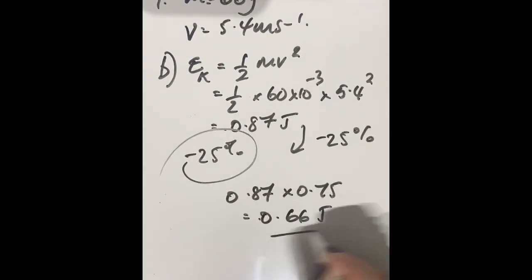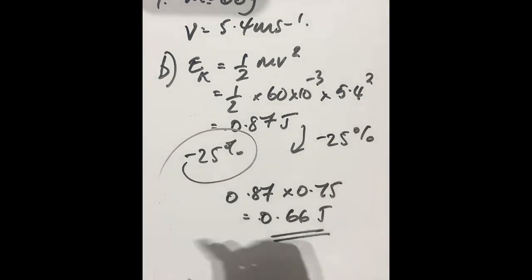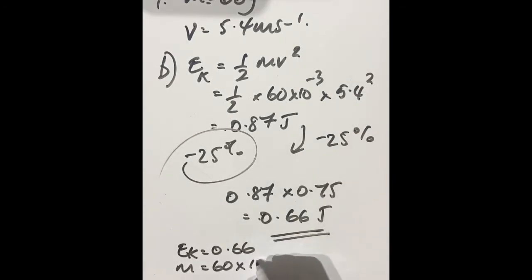So that, for part B, is, oh no, that is the kinetic energy with which it leaves the ground. If that's the kinetic energy, what is the velocity? So if that's the kinetic energy and the mass is 60 times 10 to the minus 3, what is v?